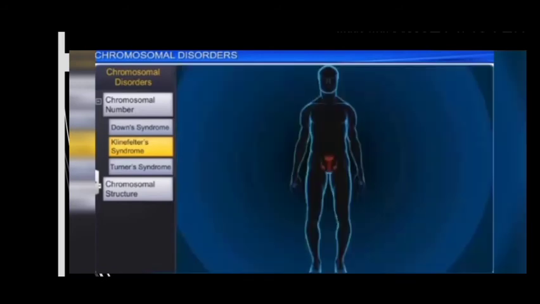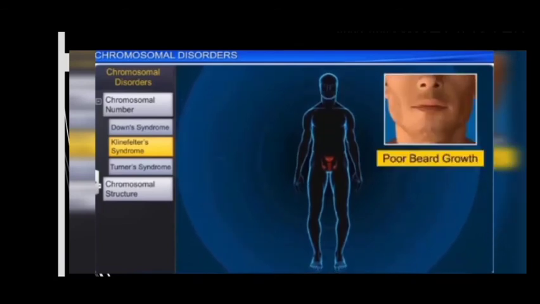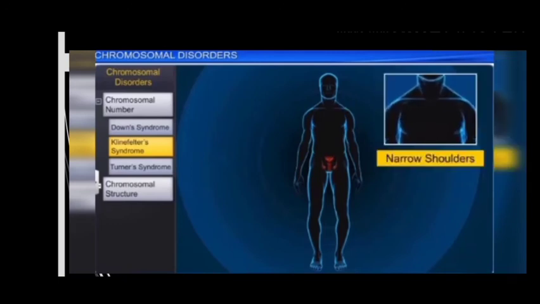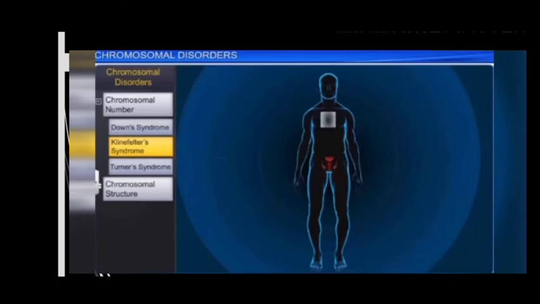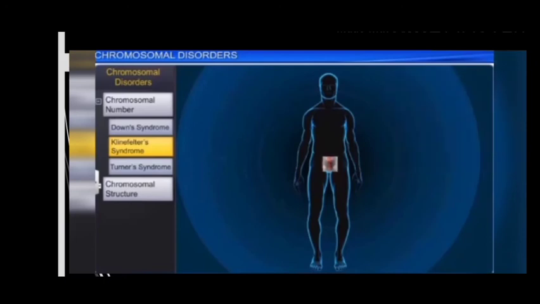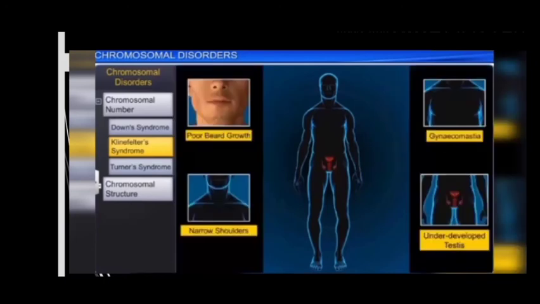It is one of the most common sex chromosomal disorders in males and shows symptoms like poor beard growth, narrow shoulders, gynecomastia, that means breast development, and underdeveloped testes. Moreover, such males are sterile.